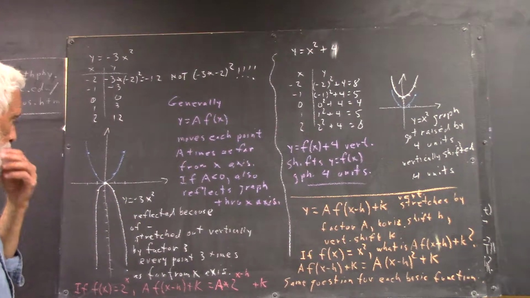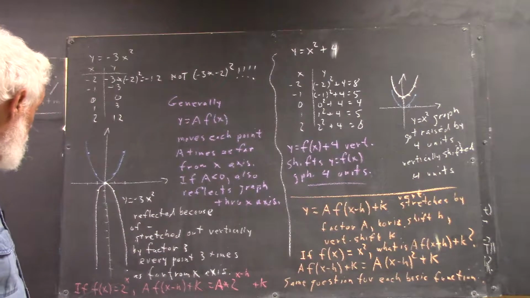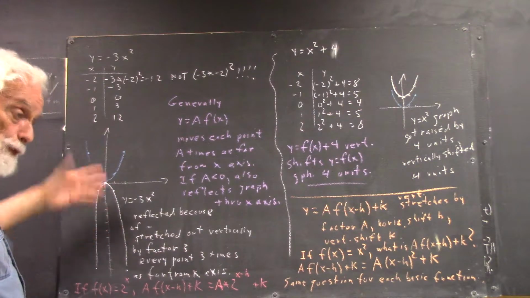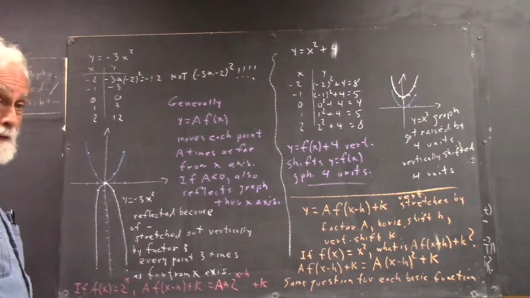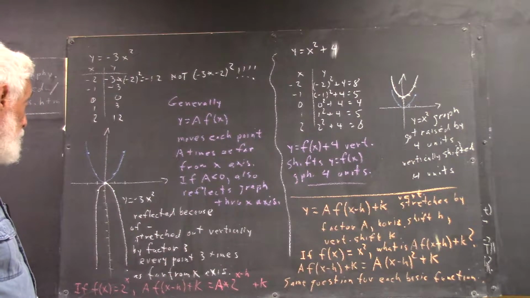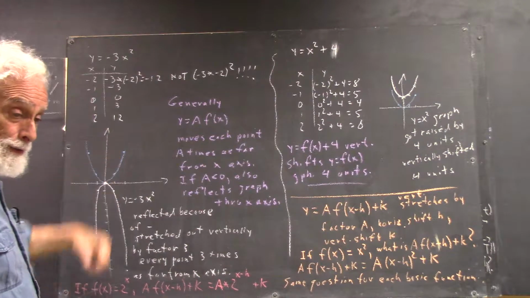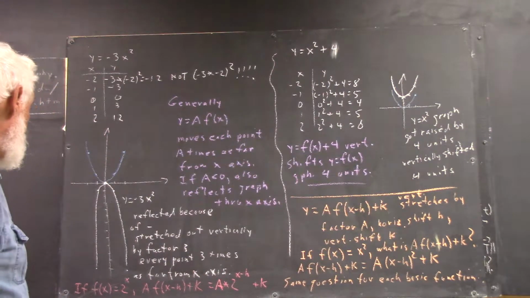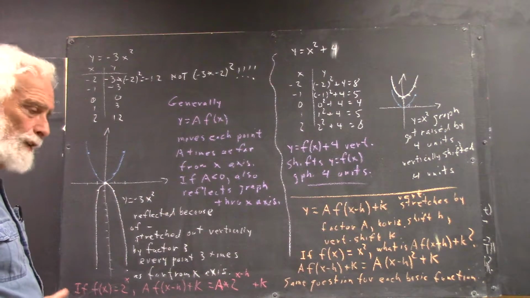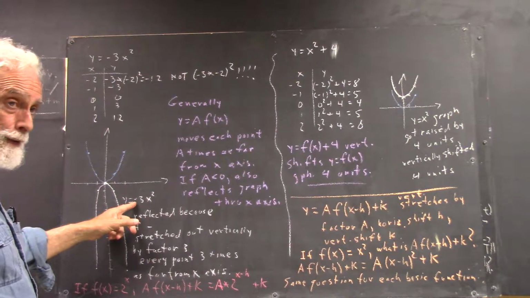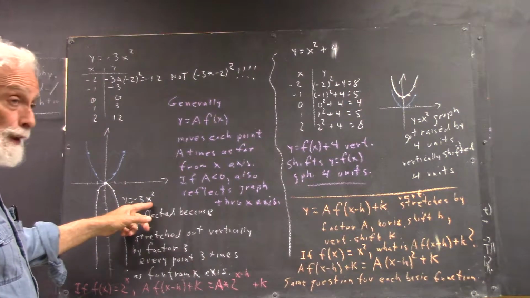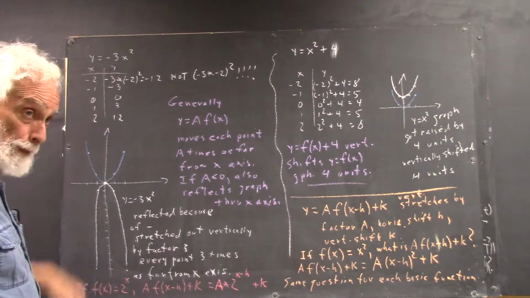Now, two things about this graph. Okay, it's inverted. It's reflected through the x-axis, in other words, and it's a lot skinnier. It's stretched in the vertical direction. Okay, well, why is it inverted? Not hard to understand that. A minus sign here is going to make all the signs negative, whereas they were positive here.